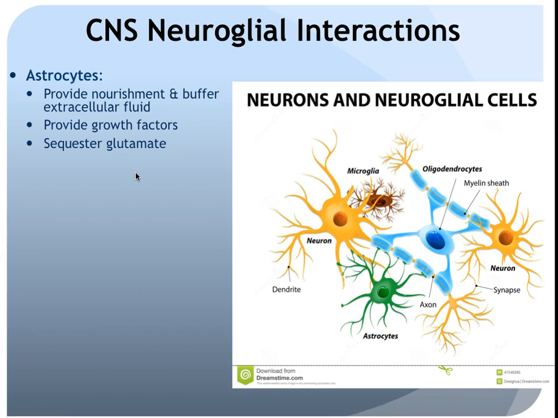Now, one of the cool things about astrocytes in particular, okay, is that they do more than one thing that's very important. First of all, yes, they do provide some nourishment. They do buffer the extracellular fluid. So one thing that we have to maintain at all costs is the pH and the appropriate concentrations of the different ions contained within the extracellular fluid.